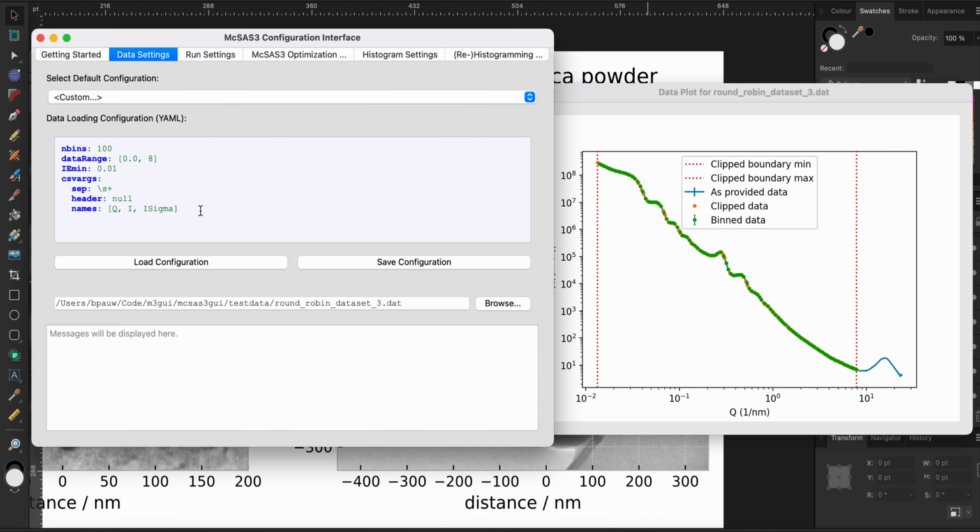So the data settings are, again, they were reading CSV files. These round robin data sets were with CSV files. We've now changed the separator from the semicolon we had in our quick start demo to a blank space separator. It's a generic blank space separator. We again don't have a header, and we want to name the 3 columns Q, I, and I sigma so that McSAS knows which one is which.